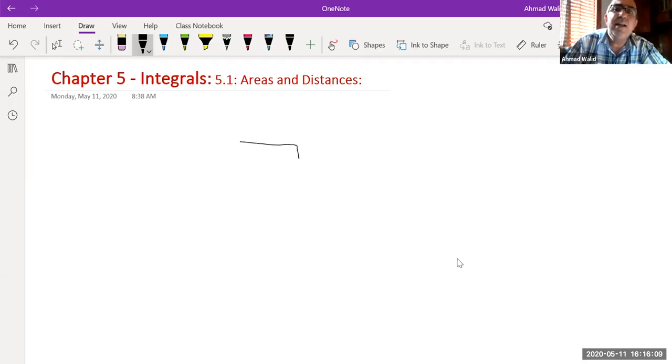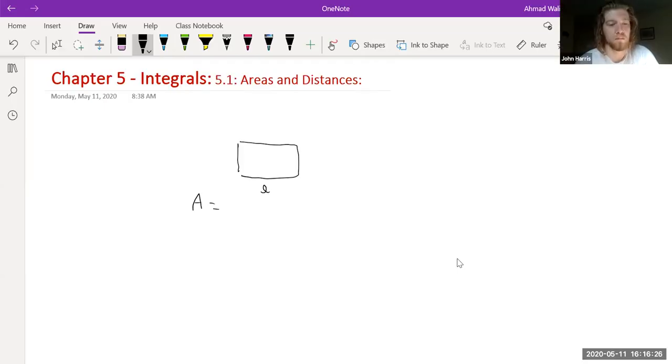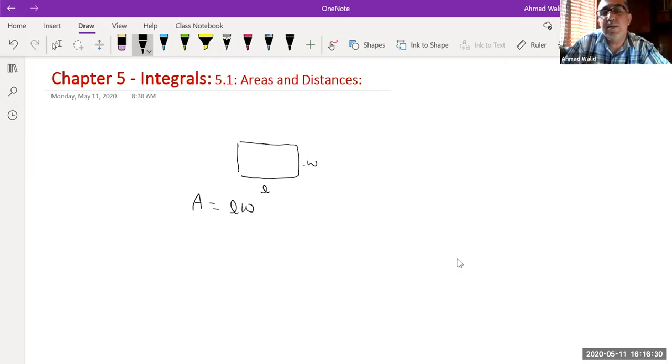If I have a rectangle like this, and I ask you to find its area, it's really easy for you, since you learned in school how to find the area of a rectangle. Of course, length times width, L times W, is the area of this rectangle.